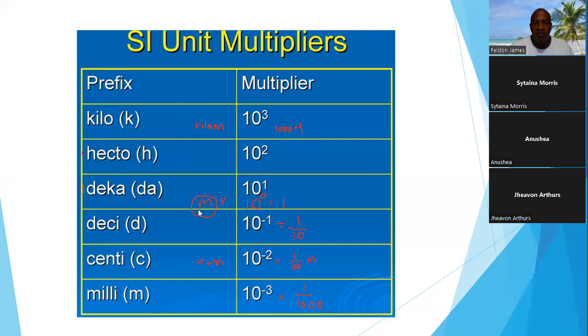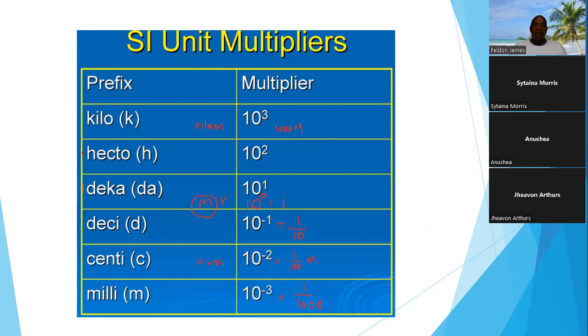And for the smaller units, we may have decigram, centigram, and milligrams. You get the idea? If we're talking about liters, we may have decaliter, hectoliter, kiloliter. We have deciliter, centiliter, and milliliter.